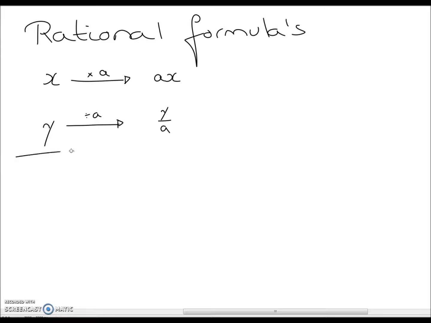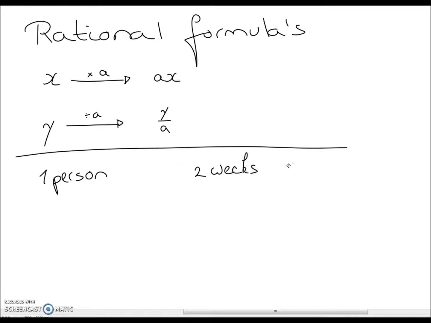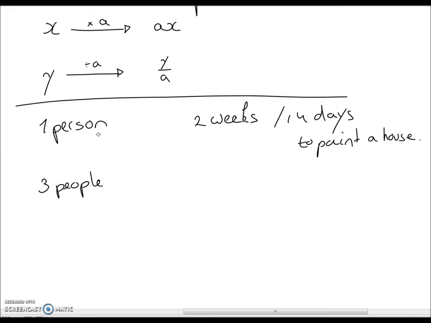Let's look at an example. Say one person takes 2 weeks or 14 days to paint a house. The question is, how long does it take 3 people? We can assume that the relation between the number of people and the number of days it takes to paint a house is inversely proportional. Let's call the number of people x, and the number of days we call y.